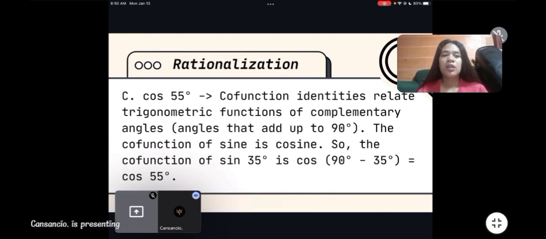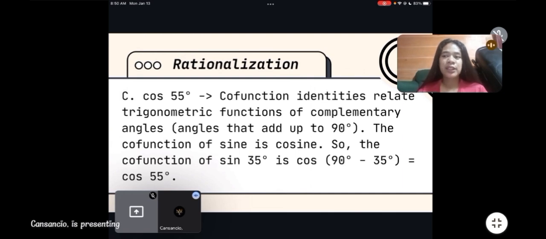Cofunction identities relate trigonometric functions of complementary angles, where angles add up to 90 degrees. The cofunction of sine is cosine, so the cofunction of sine 35 degrees is cos of 90 degrees minus 35 degrees, which is equal to cos 55 degrees.